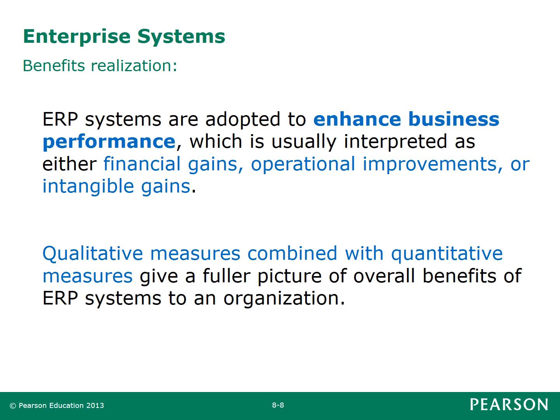Business performance can be seen as quantitative measures like financial gains or increasing of productions, which are easy to measure, while intangible gains as qualitative measures like satisfaction of customers or increasing of process qualities are hard to estimate. Anyway, qualitative measures combined with quantitative measures give a full picture of overall benefits of ERP systems to an organization.